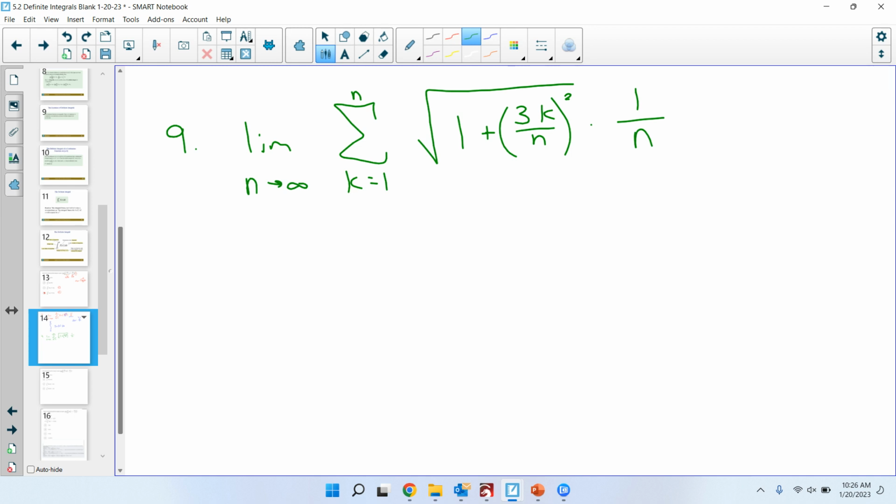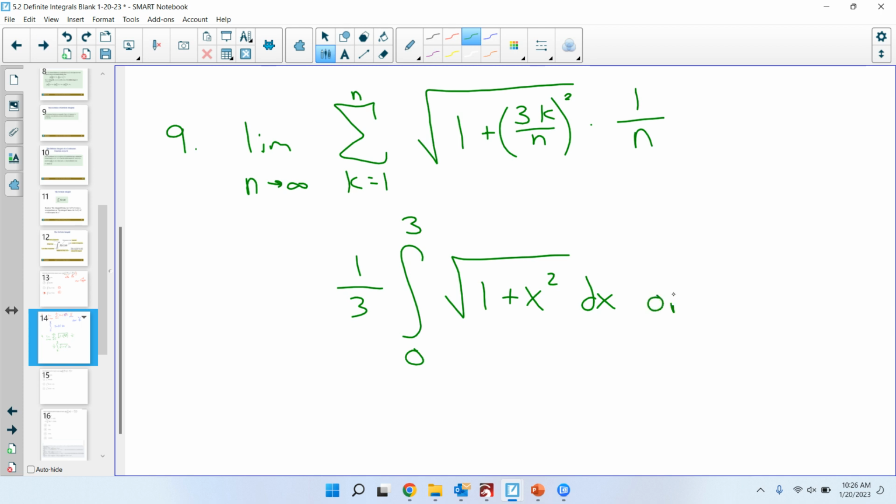Number 9. It was 1/3 times the integral from 0 to 3 of the square root of 1 plus x squared dx. Or, okay, there's another possibility here. The integral from 0 to 1 of the square root of 1 plus 9x squared dx.